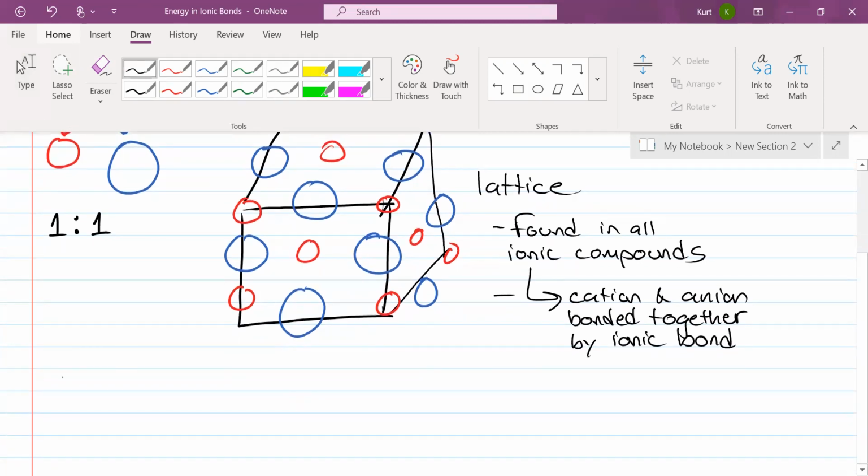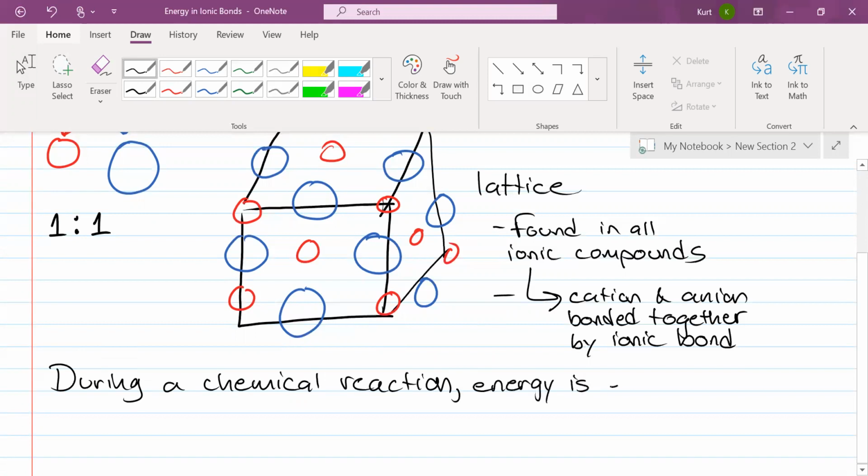Now, here's the new material. During a chemical reaction, energy is either released or absorbed.